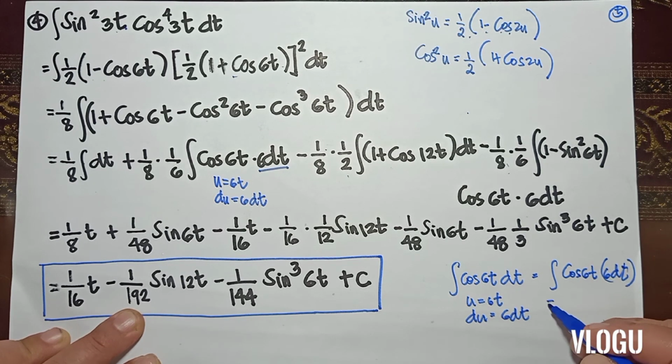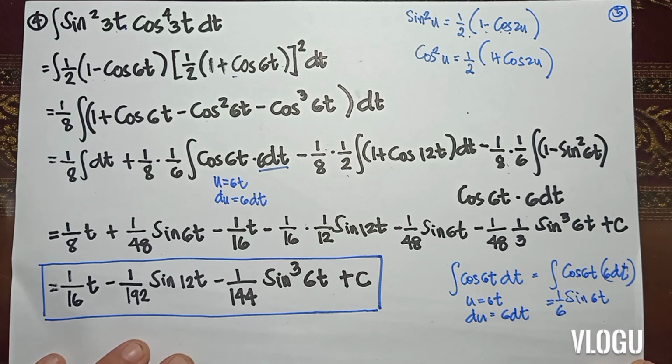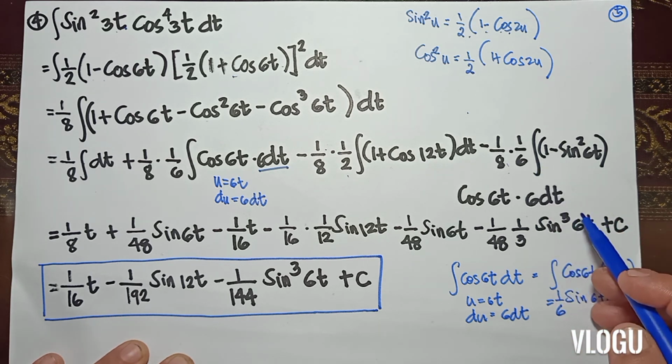Okay, that is your du. Then you will have here an answer of sine 6t, 1 over 6. So that's the reason you have here this one.